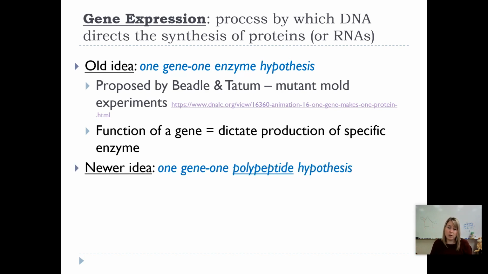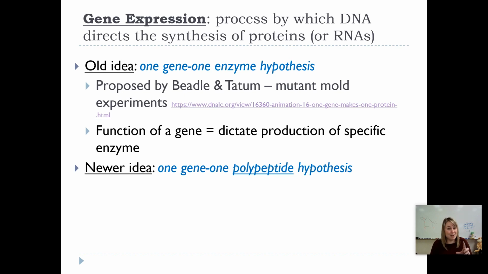So now we know it's not necessarily that the gene codes for the product, it's that a gene codes for a polypeptide, which is going to be used in order to make a final protein. So the polypeptide chain will probably have to join up with other peptide chains that might be made by other genes before it actually is useful in a cell.